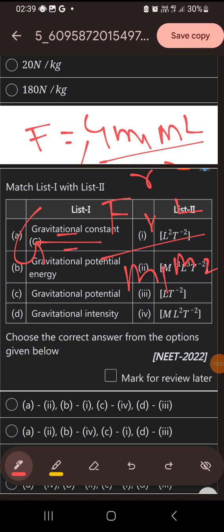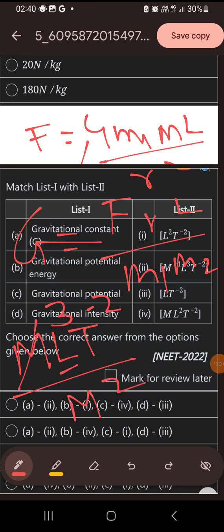So we write mass for m, acceleration we know L t power minus 2, and already it has r square, so L square. So we can simply write it as L cube divided by, here 2 masses are there, m square. So cancel 1 m, 1 m will be left.